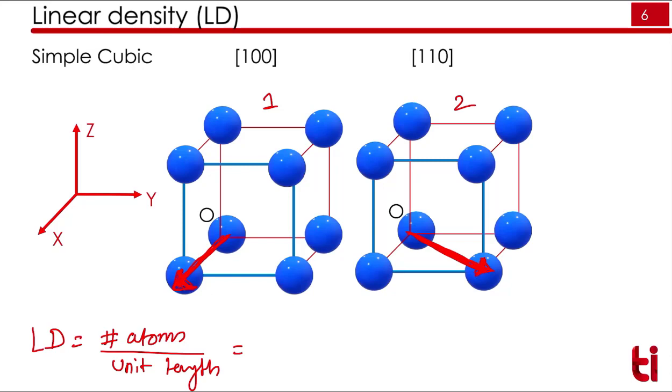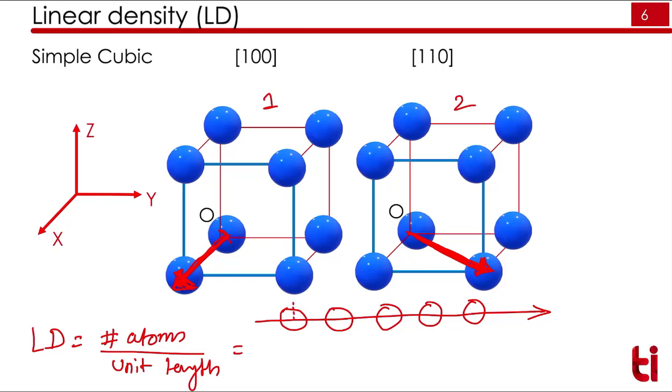So how many atoms are in this direction divided by unit length? For example, if you take a row of atoms like this, and suppose this is the direction, because they are periodic, we can show it by a vector. So the unit length here is a, from the start of this atom to this atom.